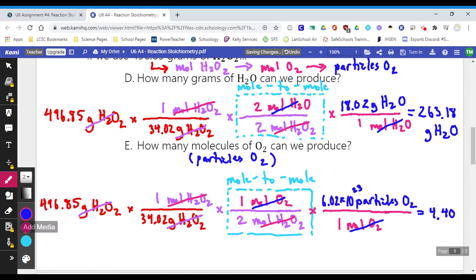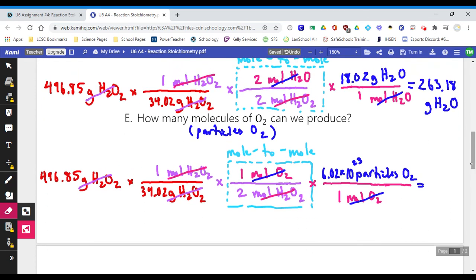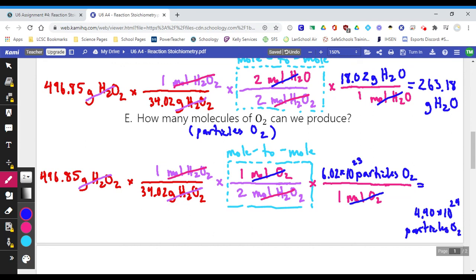Oh, this is not going to fit. I'm going to have to move this down. 4.40 times 10 to the 24th particles or molecules of O2. Kind of sloppy, but that's what my answer should be. About 4.40 times 10 to the 24th particles of O2.